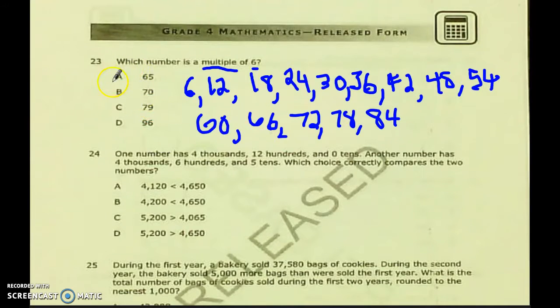Now you can see I've passed this number, and this number, so those aren't multiples.